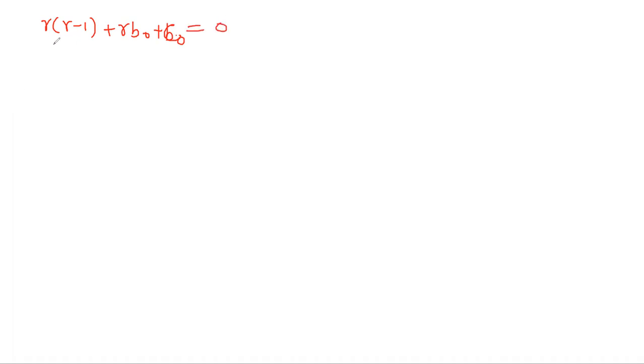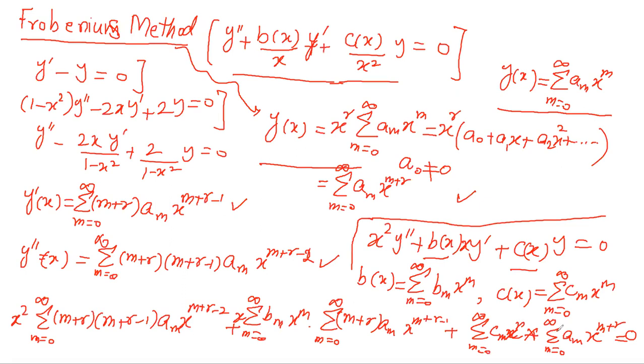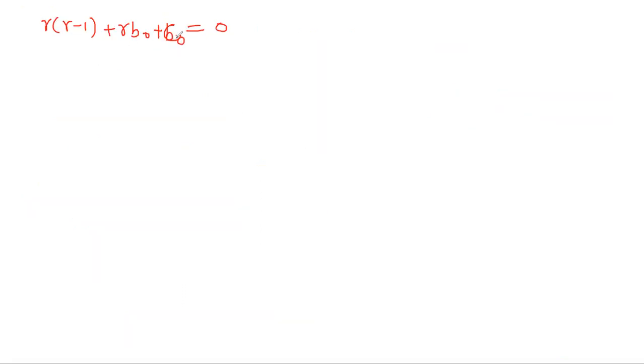Okay, so you will get this equation by equating the lowest power of x on both sides of this equation. So you will get this equation for the value of r.